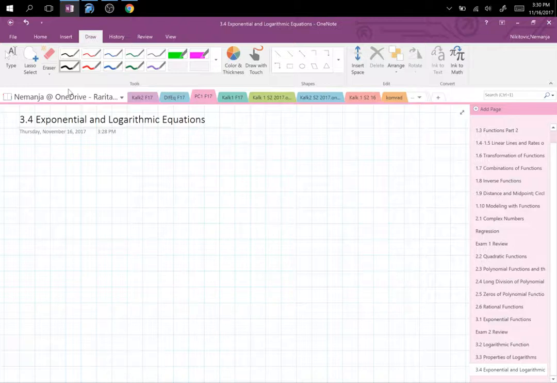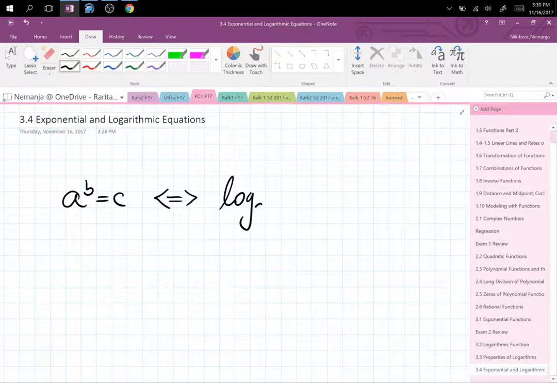Exponential form converts into logarithmic form.